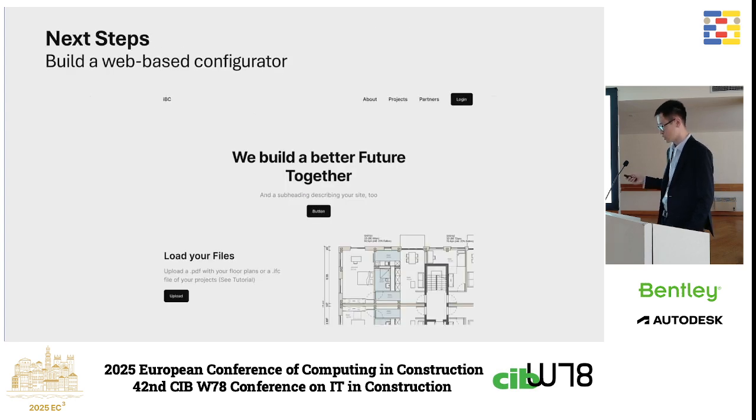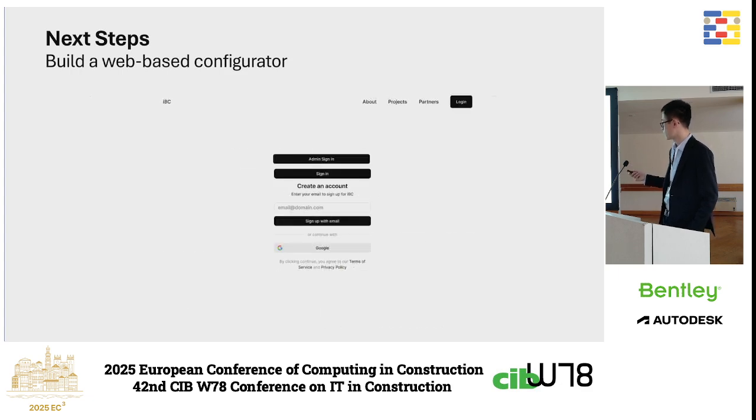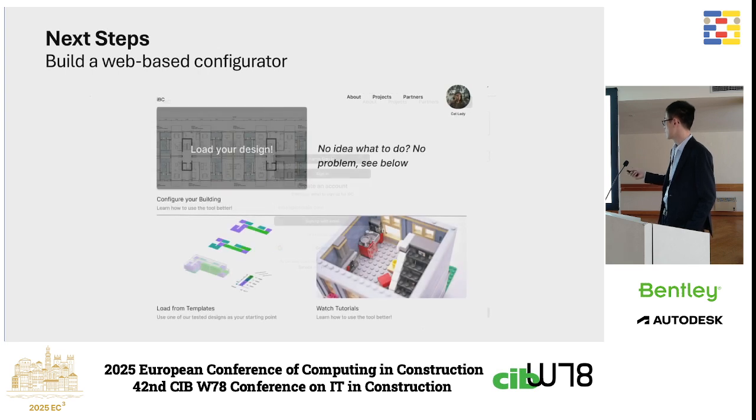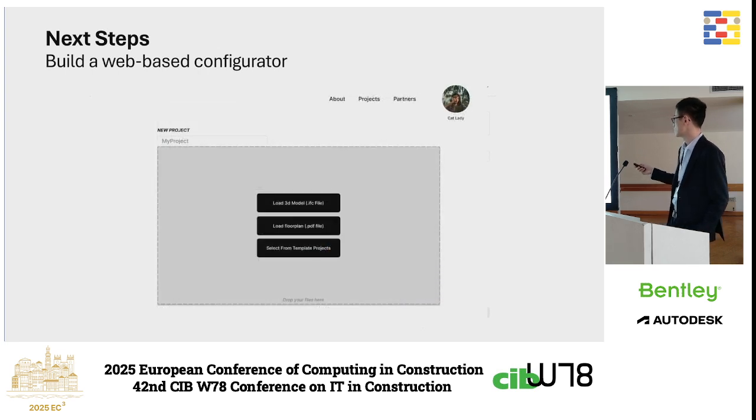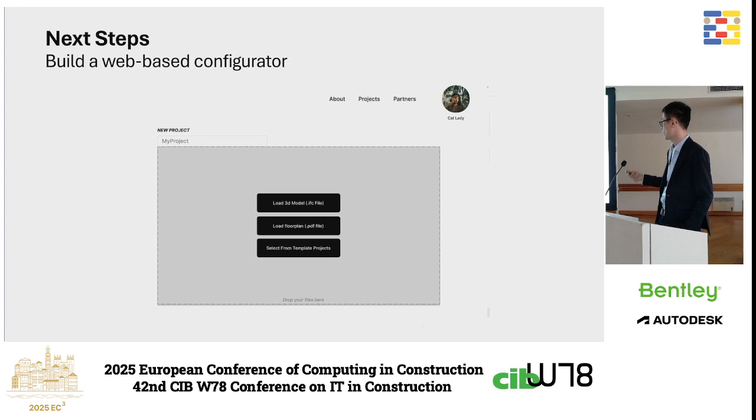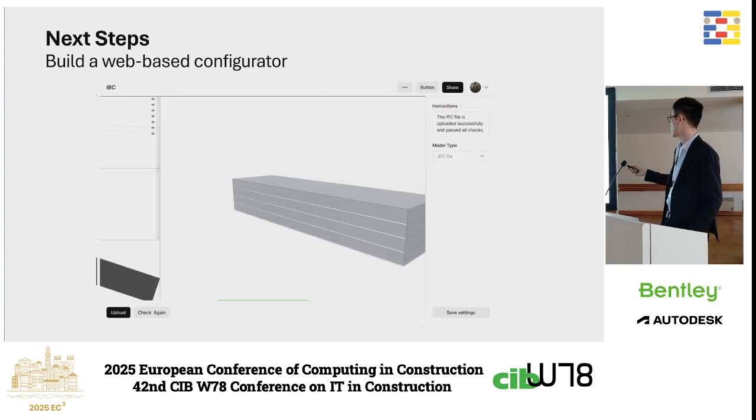So our next step is to wrap up all the different separate building blocks and to build an integrated web-based configurator. And we expect this user journey: the user could upload a floor plan, which could be in different file formats, IFC or PDF or CSV. Then if the user uploads an IFC file, the system will check the file to make sure the metadata are correct.